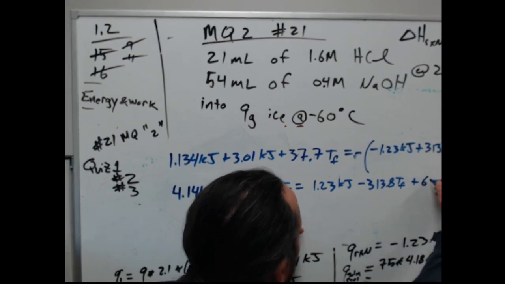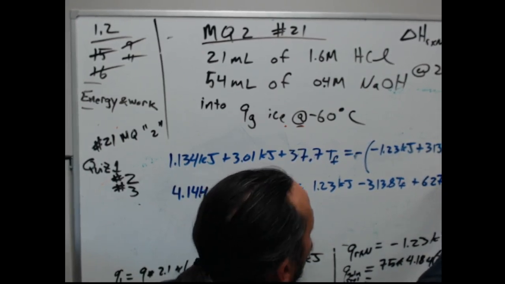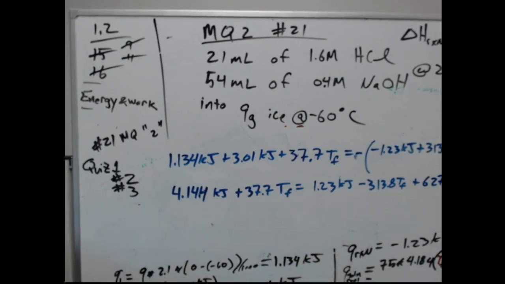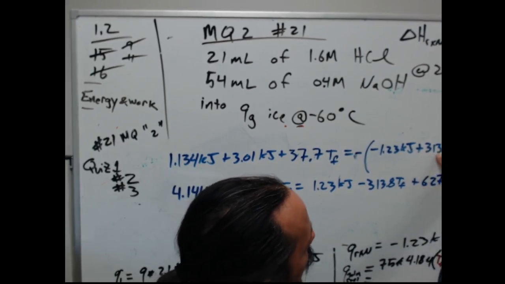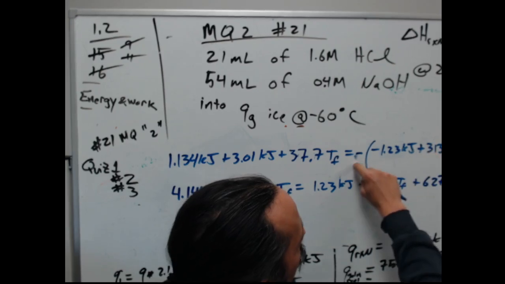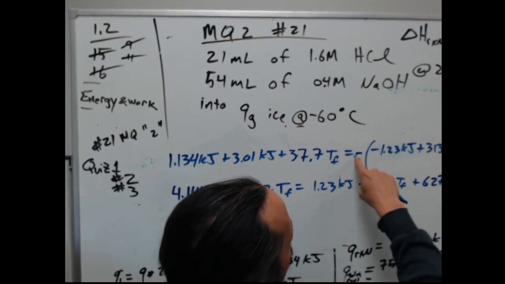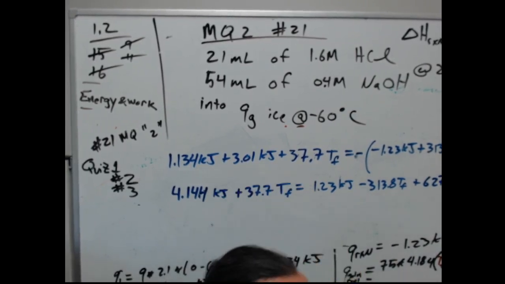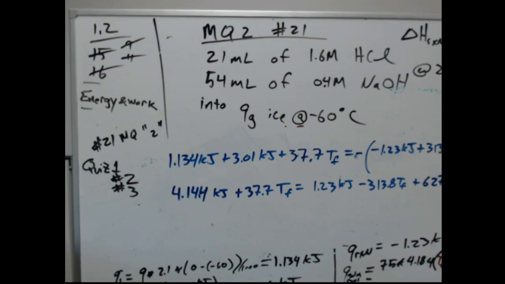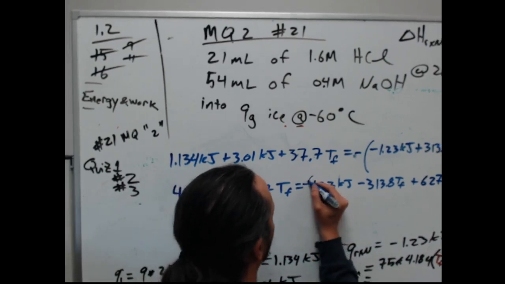I think you should do 1.23 minus 3.18 and then put that quantity times T final, because the way you've written it is technically not what you're doing. I just followed this out, 313.8 T final plus. You made the positives negative, then FOILed it out. Oh, yeah, so I FOILed out the negatives. So this became positive, that became negative, that becomes positive. It's just a bit confusing. Here, I'll do it this way.